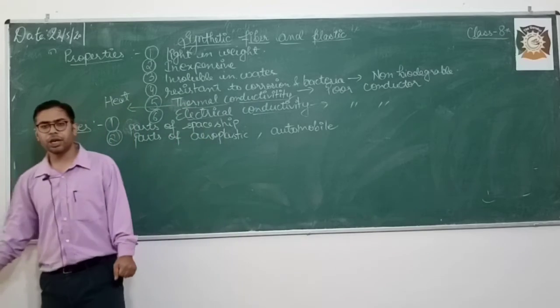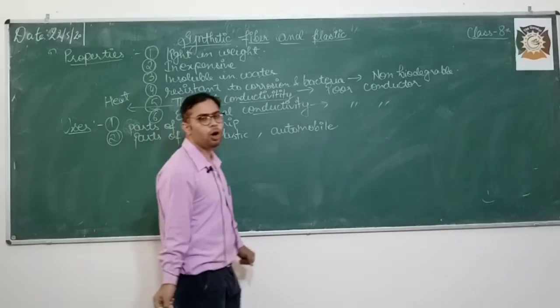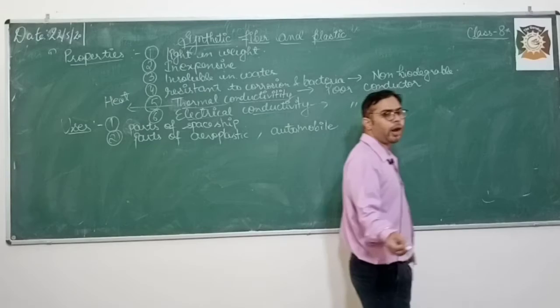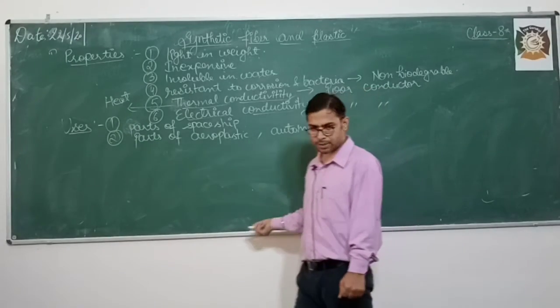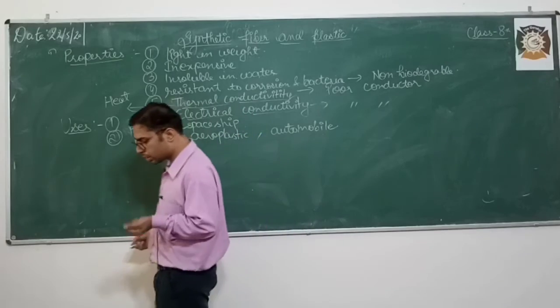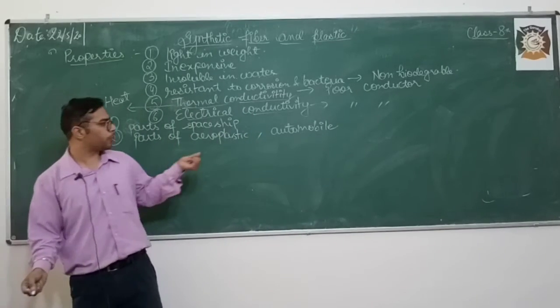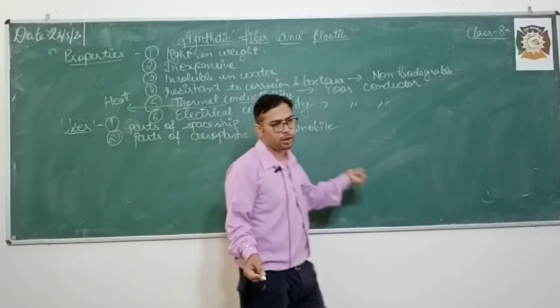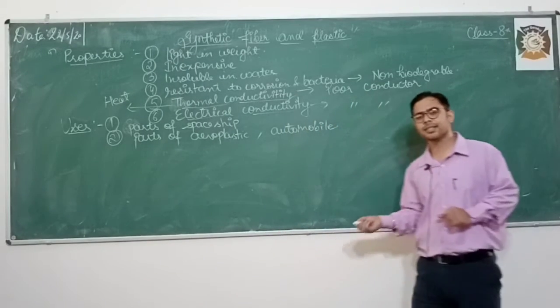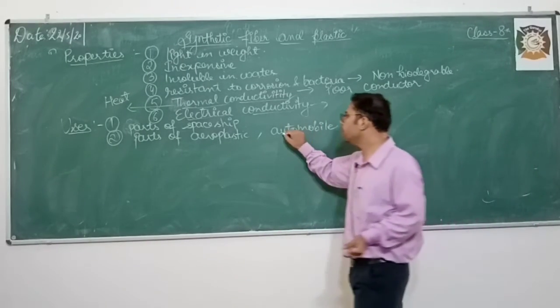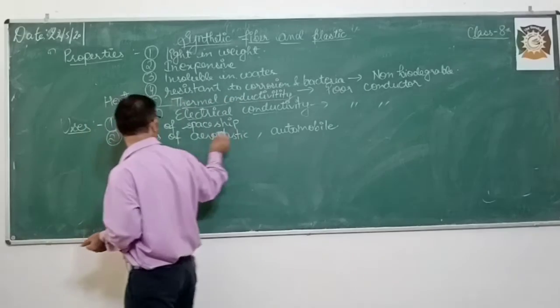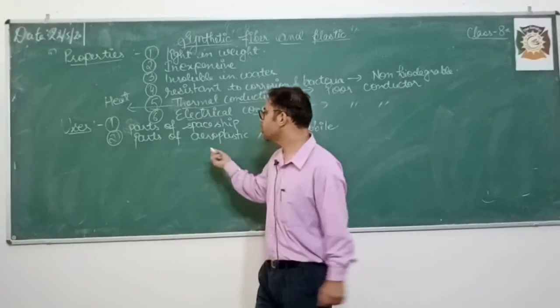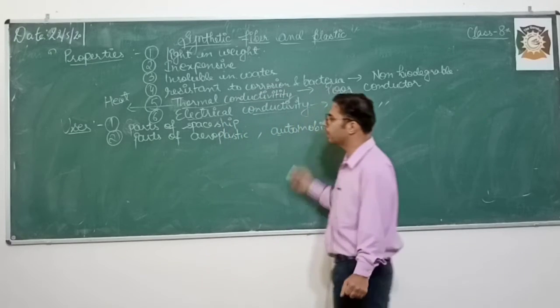If you see the interior of a car, like all of you might have a car, the dashboard of a car is usually made up of plastic. Depending upon the cost of the car, the plastic can vary. If the car pricing is very low, then they use a cheap kind of plastic. If the car is very good, then they use a better kind of plastic. So it is used in the manufacturing of automobiles.